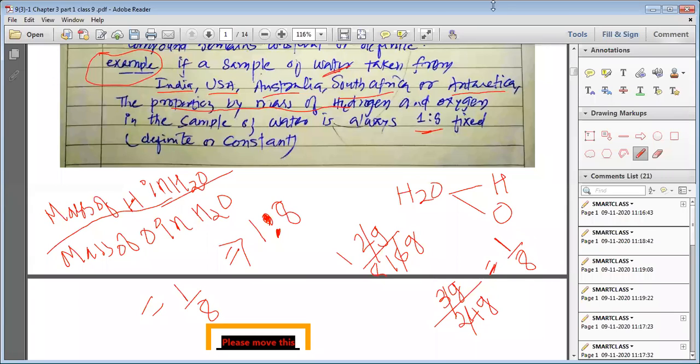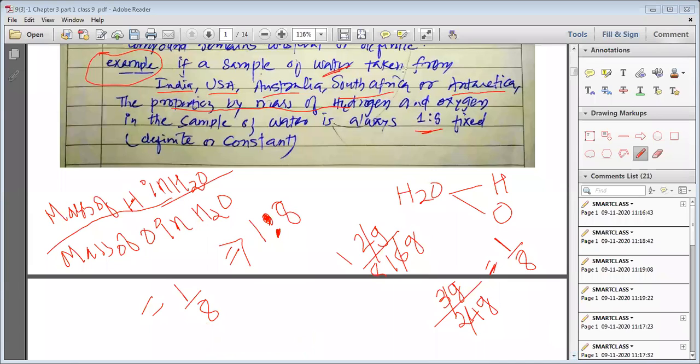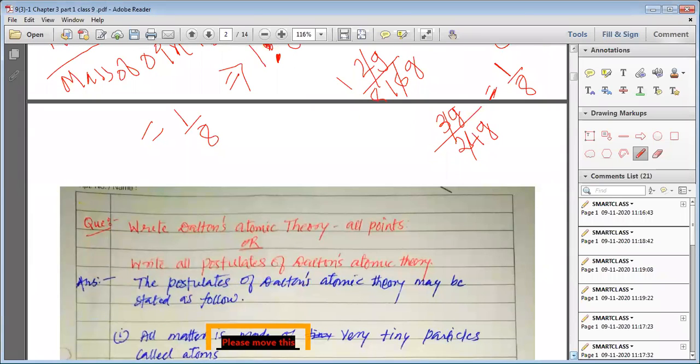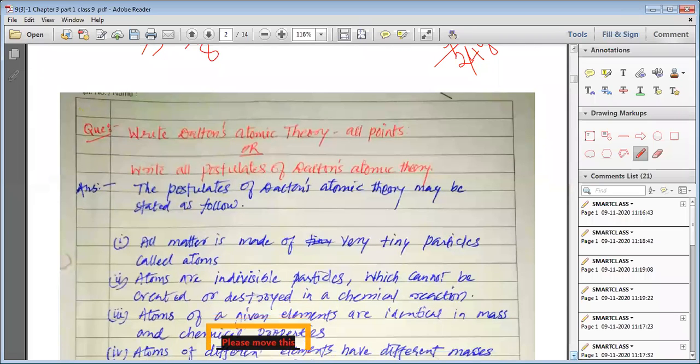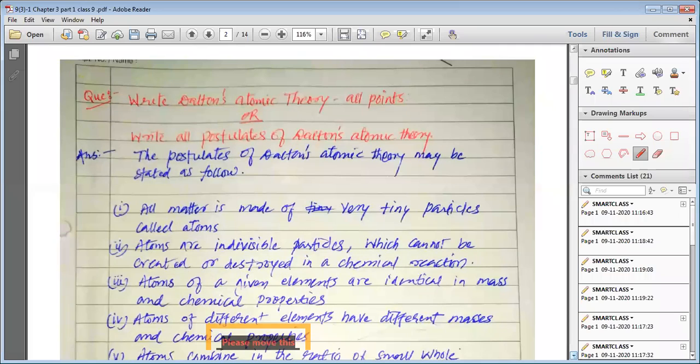So my dear students, in any country, at any part of the world, if you take the same compound, the same substance, and measure the ratio of the various elements present in it, this ratio is always going to remain constant.